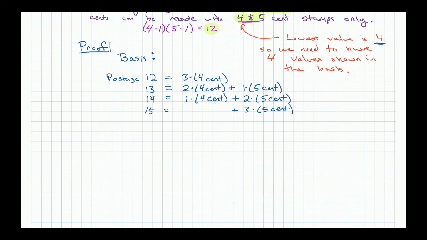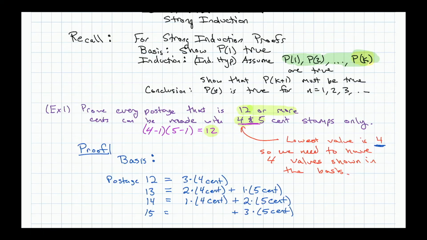So obviously there's a pattern, but like I said, it's not the same pattern in every single one of these proofs. So don't worry about it. Just know how many of these you need to do, right? Lowest number is 4, so we did 13, 14, 15, a total of 4. We start at 12 because that is what we were told this pattern starts at.